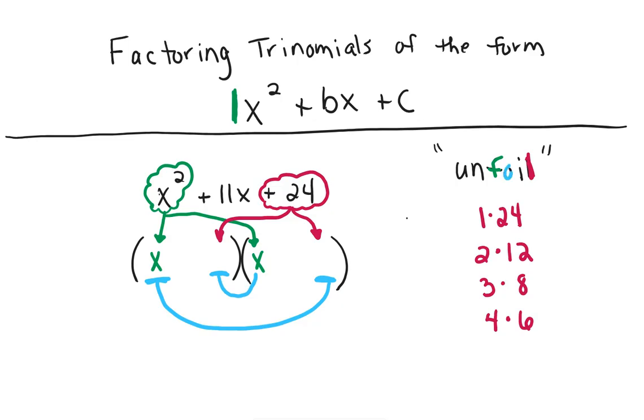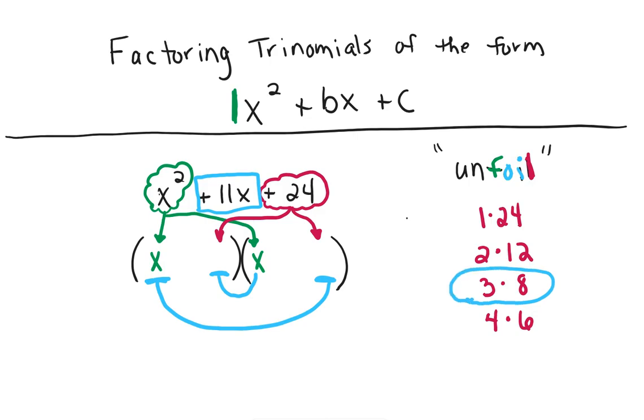Most of the time when you do outsides and insides, they add up to the middle term, which is what this situation would do. So I'm looking for a pair of numbers that add up to 11. And that pair is going to be the 3 and the 8.